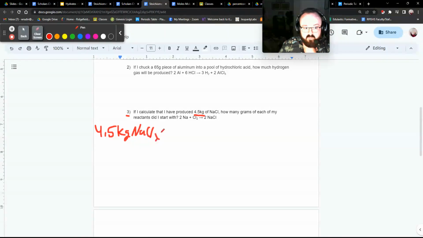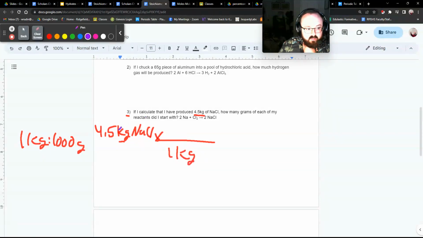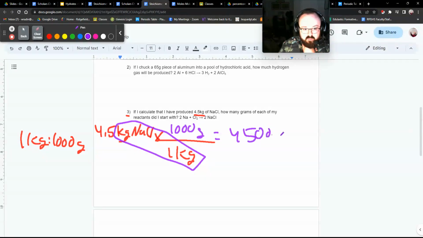You could just convert this, well, 1 kilogram is 1,000 grams. So that's 4,500 grams of NaCl.